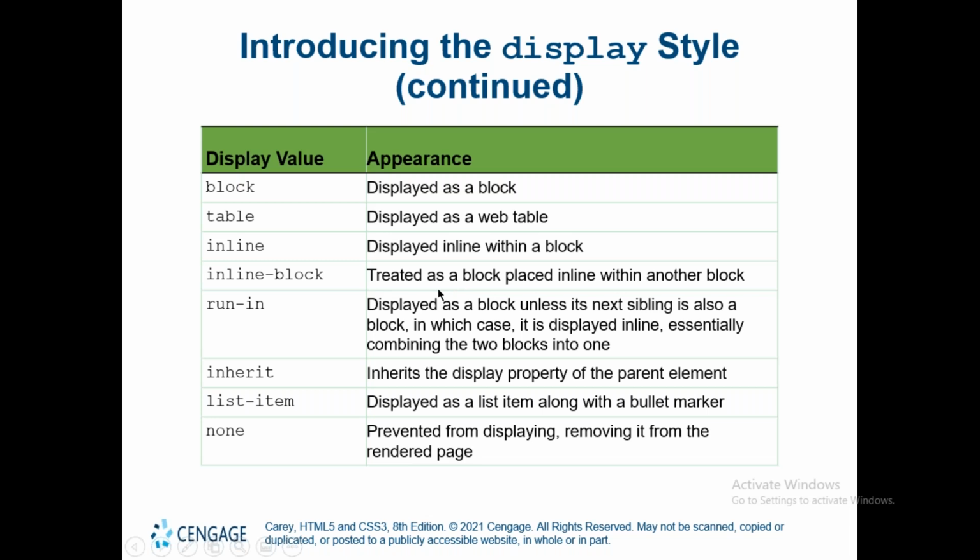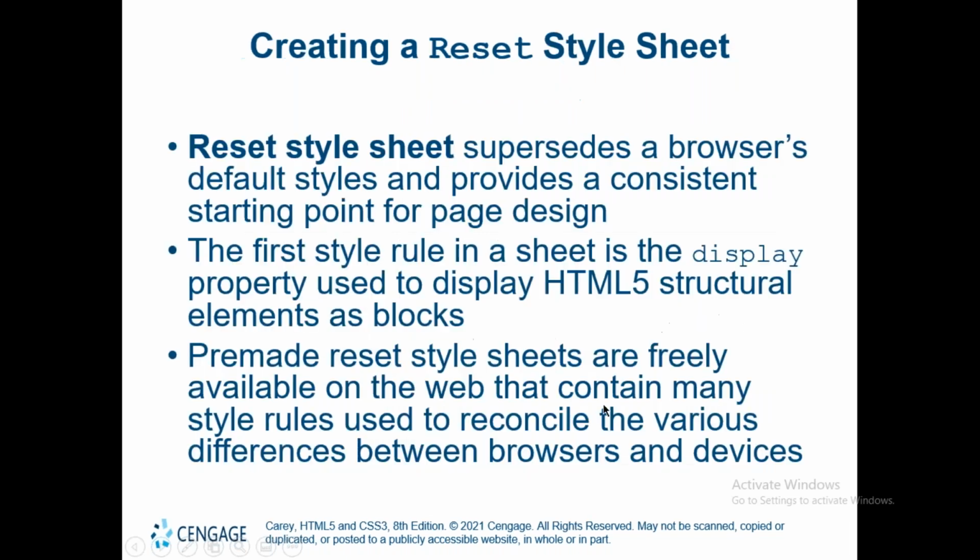Inline block is treated as a block placed in line within another block, like a nested block, if you would. A run-in would display as a block unless its next sibling is also a block, in which case it is displayed inline. And you'll see visually what these things do as we work through the tutorial.